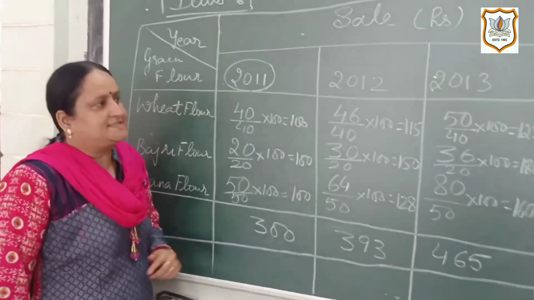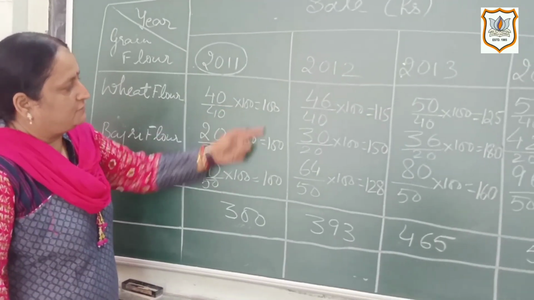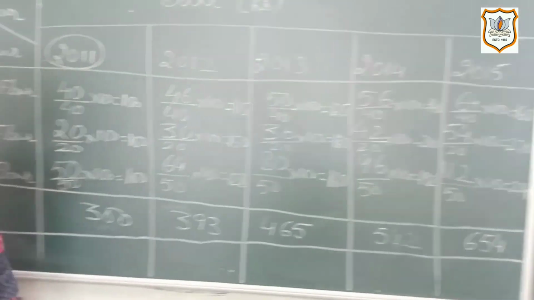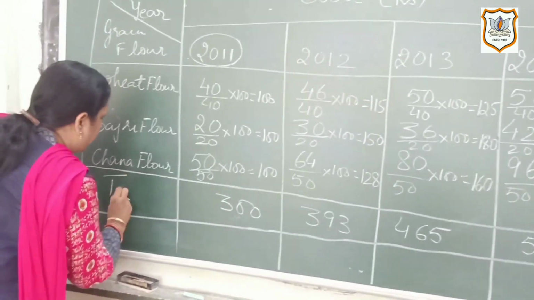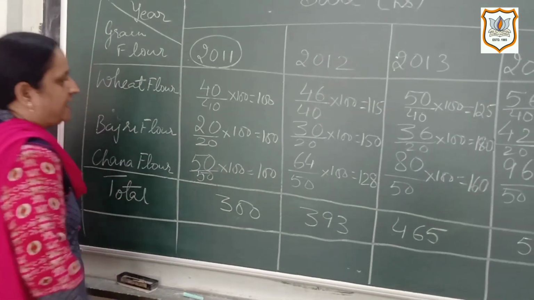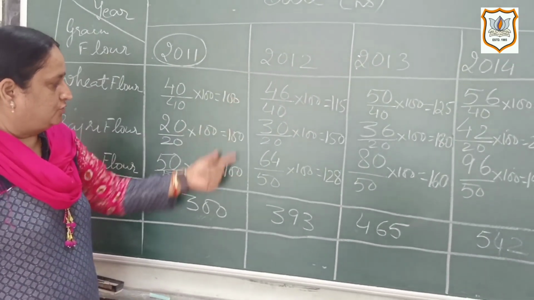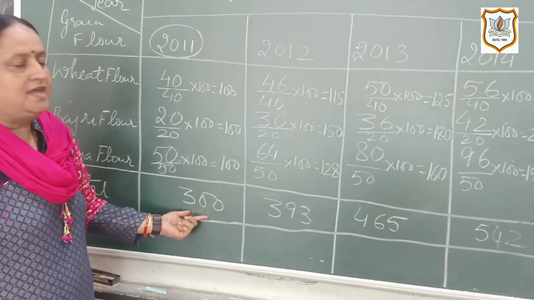Now, the next step, we have to do the sum total of these three flour values which we are getting. That total will be 100 plus 100 plus 100. When you do this, you should get 300.